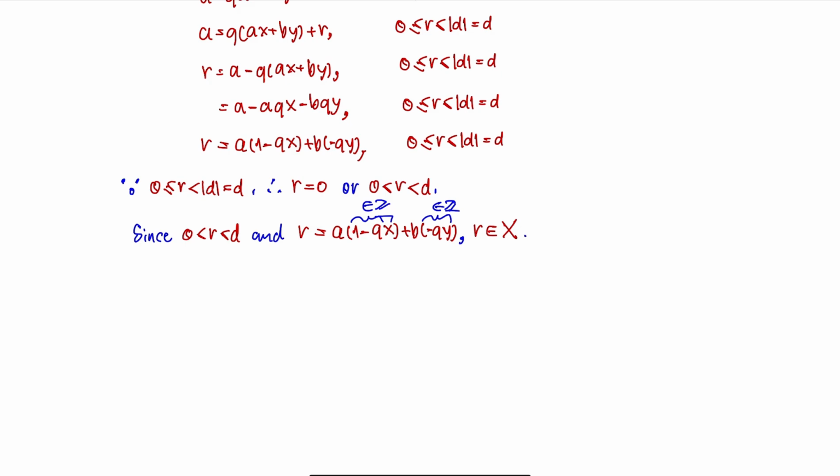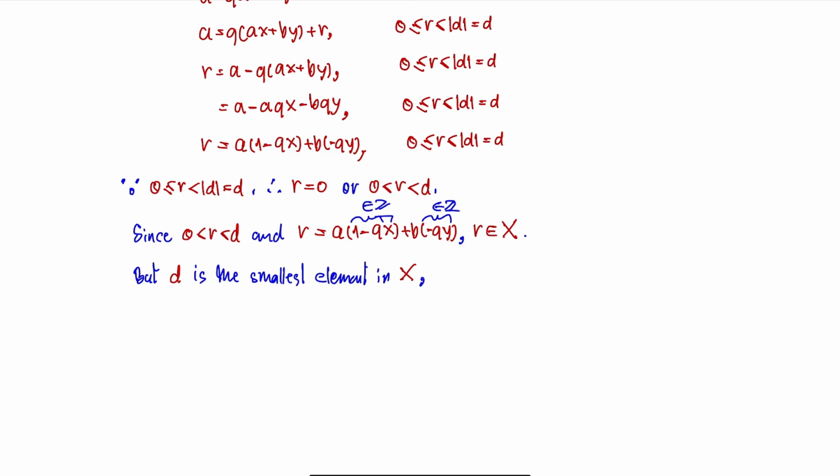But what is d? d is the smallest one in set x, and r is less than d, right? So we have a contradiction, because d is the smallest element in set x.